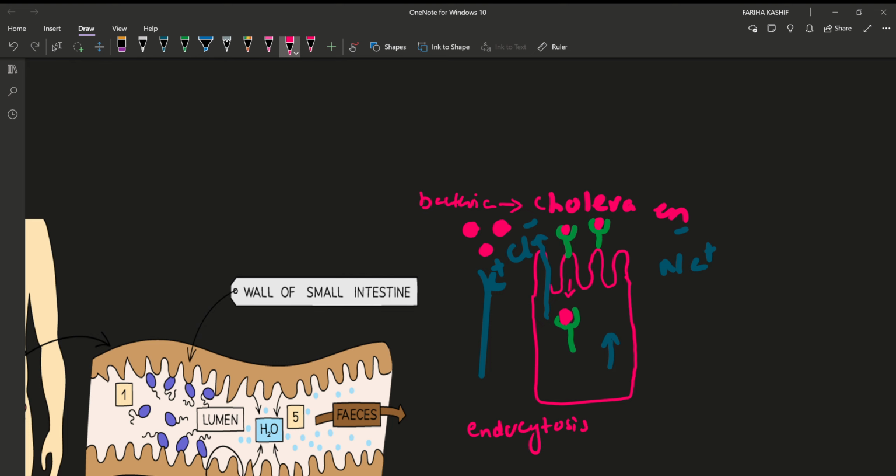Fine. So the chloride ion channel will open, due to which the chloride ions will diffuse out of the epithelial cells into the lumen of the small intestine. When the chloride ions move out, the sodium and potassium ions also follow the chloride ions. Look at this diagram.